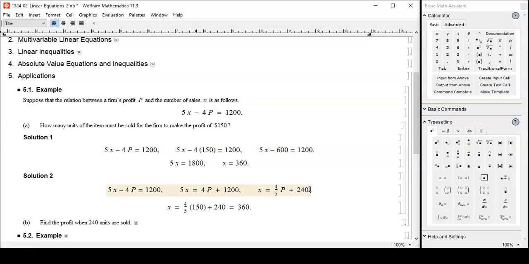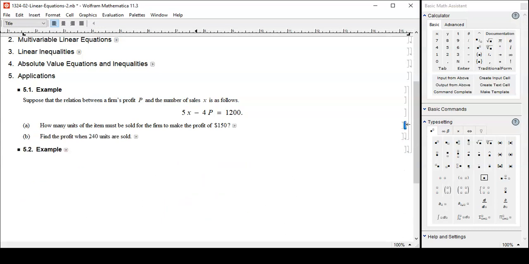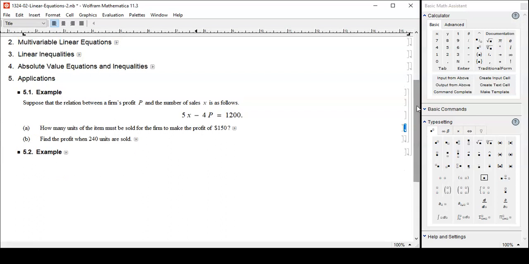If you do it this way, you solve it symbolically just once, and then plug in 6 different values for P. So depending upon the circumstance, solving for a variable with respect to another can be more effective. But in this particular case, just one number to plug in, so solution 1 was more effective.